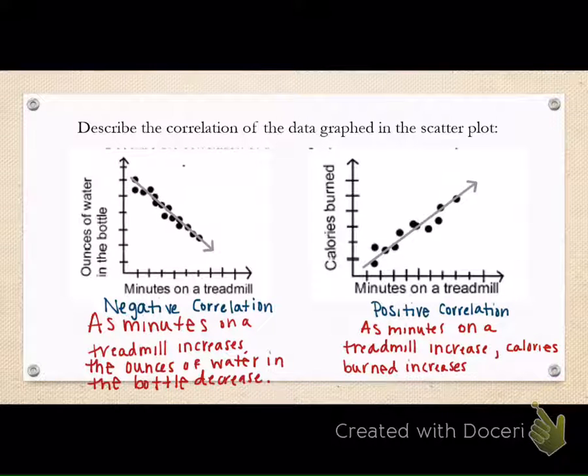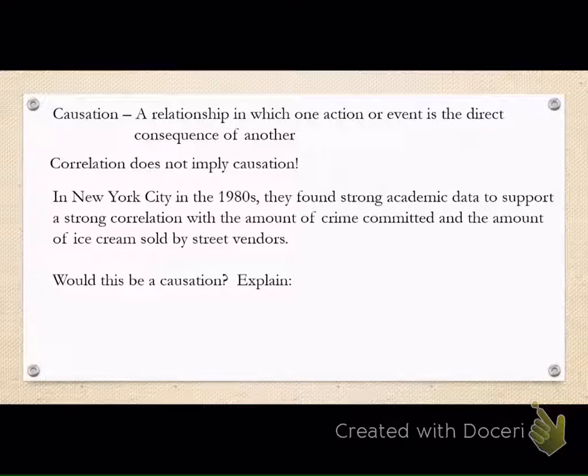All right, so the next thing we're going to talk about is causation. A relationship in which one action or event is a direct consequence of the other. Kind of like cause and effect, right? The cause of something and it affects something. So correlation does not imply causation.